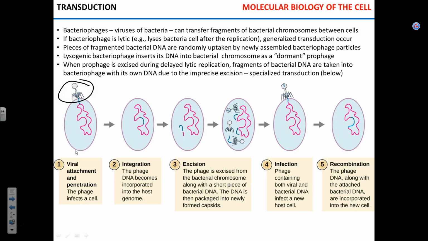And those genes, phage genes, start to get expressed. And when they get expressed, they produce proteins, phage proteins. And those phage proteins have an amazing capability. They can self-assemble into the phage particles, like self-assembling Lego.